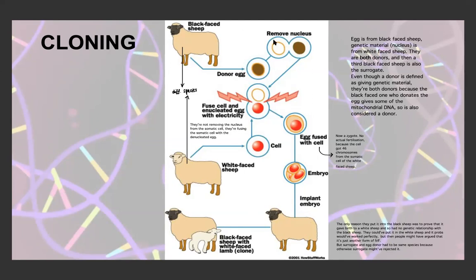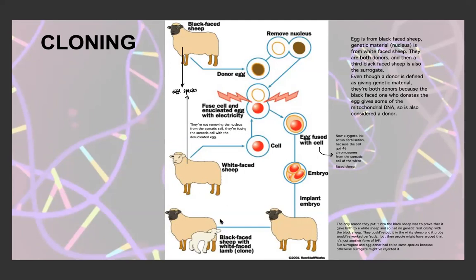If you had the black-faced sheep egg and then you wanted to implant it in a white-faced sheep, this wouldn't work. It would be like implanting a gorilla egg into a human, it's a different species. It doesn't work. So the egg has to be implanted into an animal of the same species. Once this egg that contains the genetic information of the white-faced sheep is implanted into the black-faced sheep, it grows until birth, and the black-faced sheep then gives birth to it.